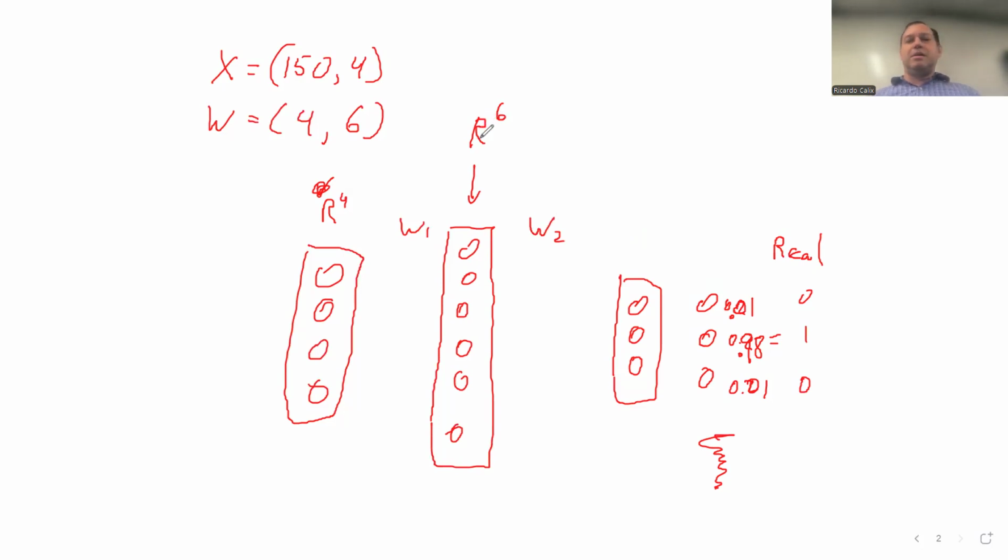So for instance, actually, I can do a better one. Let's do 2 and 3. So R2, like that, right? What is it? A plane.